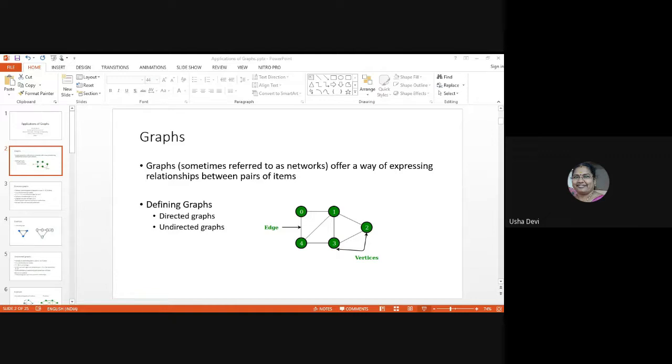For example, here 0 is one of the components. Similarly, 1 is another component. Now we want to pass some information from one to another. In order to do that, we have an edge. This is a connecting line. So if something is happening here, that information has to be passed from this component to this component. For that, we are making use of an edge here.